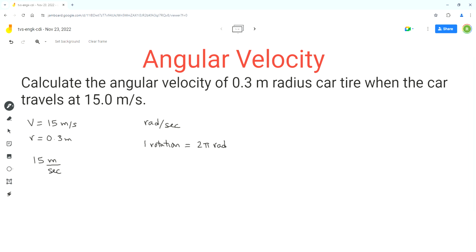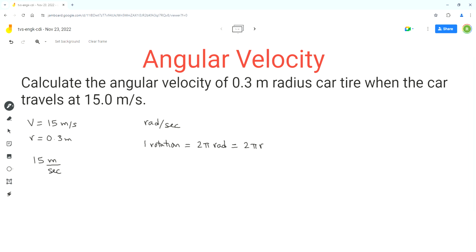We are doing the calculations for radians per second, so we'll use the radian angle. And in that one rotation, the tire travels a distance equal to its circumference. The formula for circumference of a circle is 2 pi r. That means for every 2 pi radian rotation, the tire travels a distance of 2 pi r.